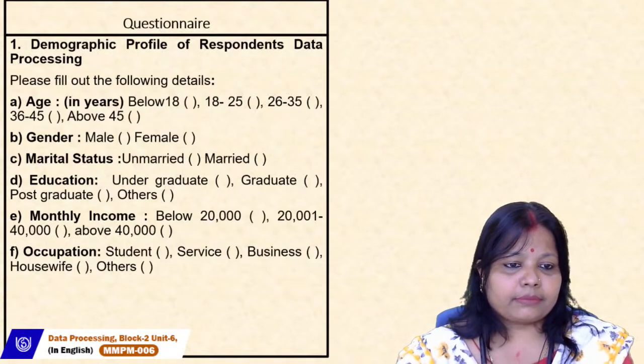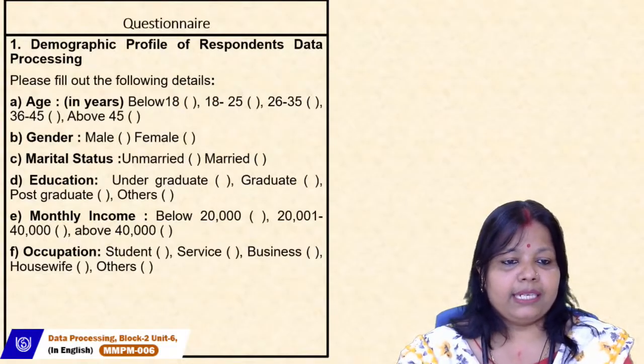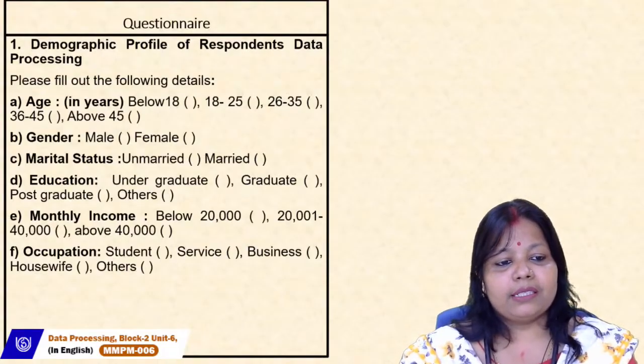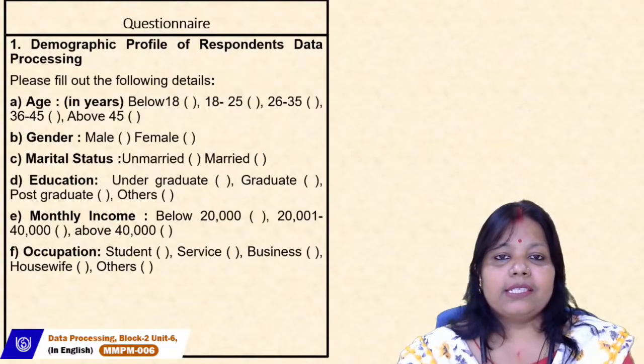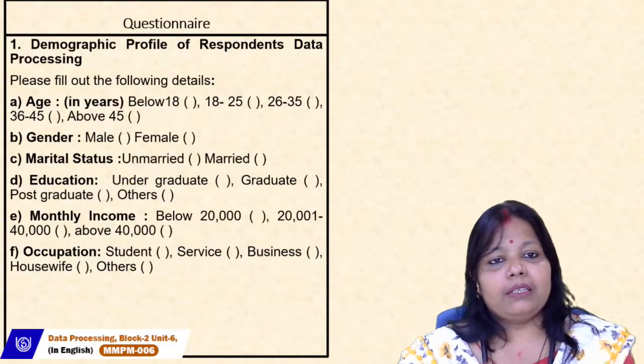Monthly income: below 20,000, 20,001 to 40,000 and above 40,000. Similarly, the sixth one is occupation, whether he or she is a student, serviceman, businessman or housewife and others.